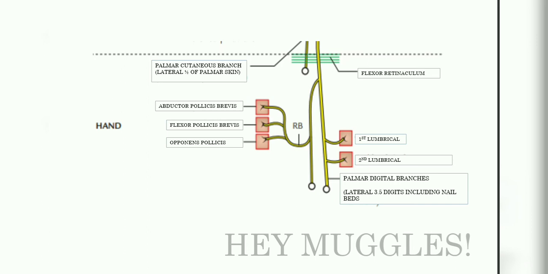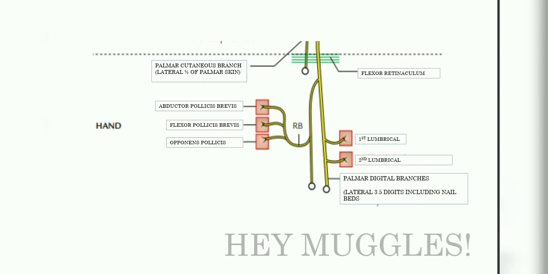Then it crosses the flexor retinaculum and then it becomes a superficial nerve, right? So after crossing the flexor retinaculum, it enters your palm and passes through carpal tunnel.